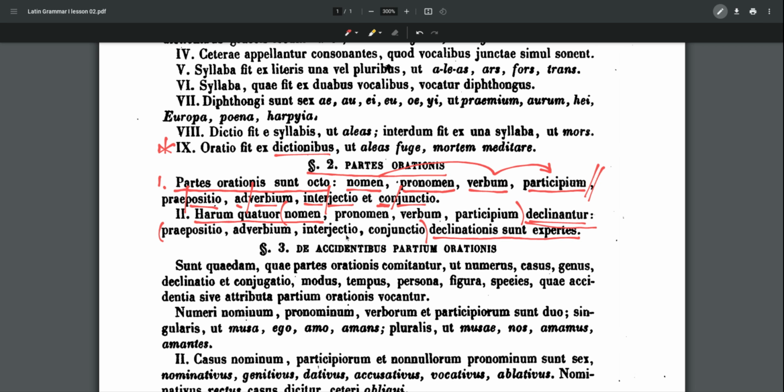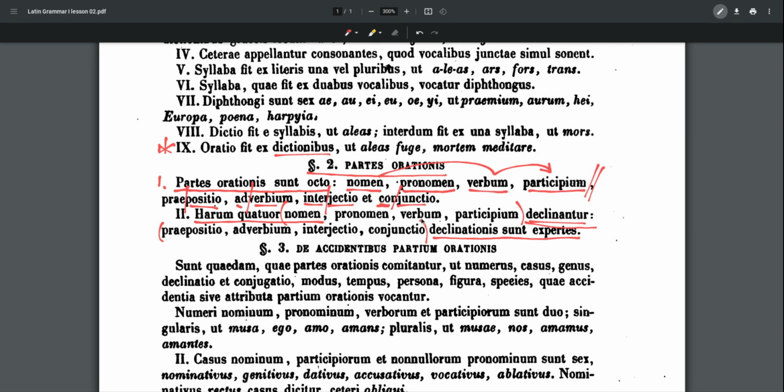And 4, preposition, adverb, interjection, and conjunction, are free of declension. They have no declension, only one form for each of these 4 different groups of words. And that's all for this second lesson in Alvarez's Latin grammar.